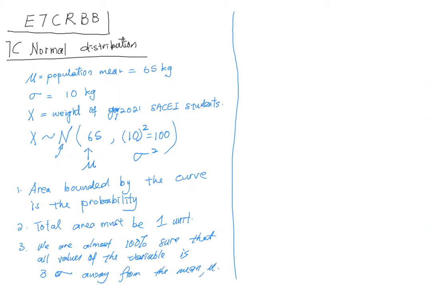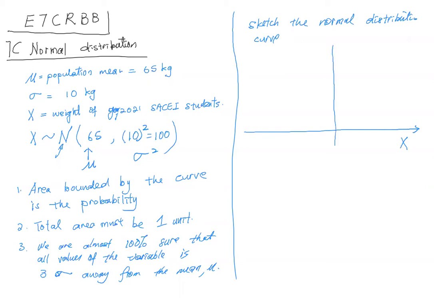So every time we sketch the normal distribution curve, we always put the horizontal axis as our x variable. The vertical axis is the probability density.